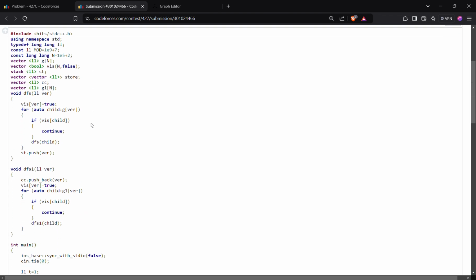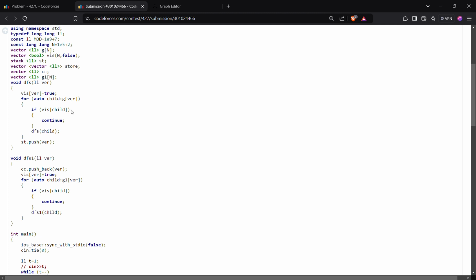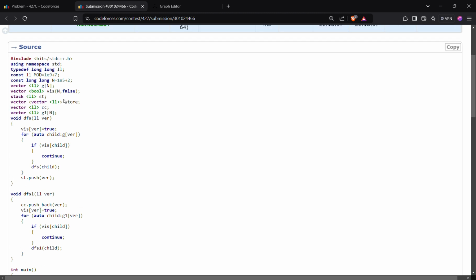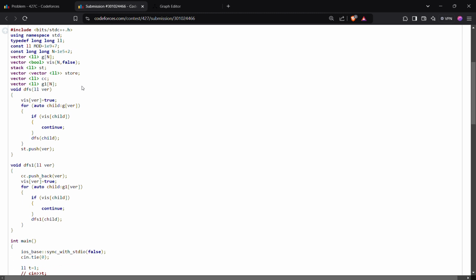So for those of you who don't know how to calculate the strongly connected components, I would definitely recommend you watch some tutorial on strongly connected components. It is basically called Kosaraju's algorithm.